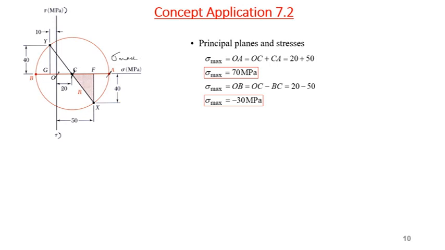OC is my average stress, and CA is equal to the radius. Now, the average stress is 20, the radius was 50, so the maximum principal stress is 70 megapascal. Now, similarly, for the minimum, not this, this is not maximum, this is minimum.